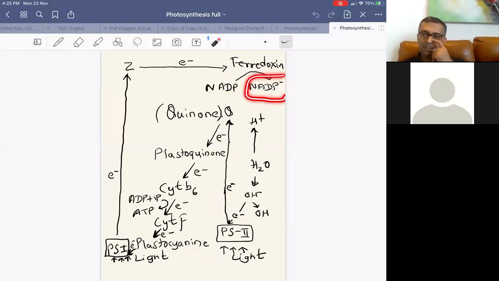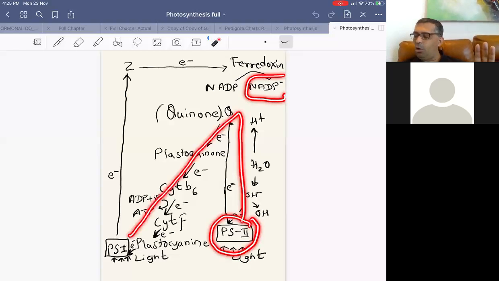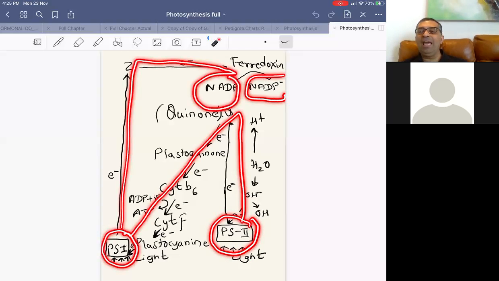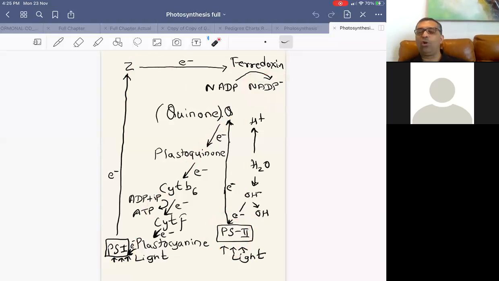So this process is completely non-cyclic. Where has electron gone from? From PS2, the electron has gone to PS1. And from PS1, the electron has gone to NADP. And NADP has retained the electron. So this is a non-cyclic process.